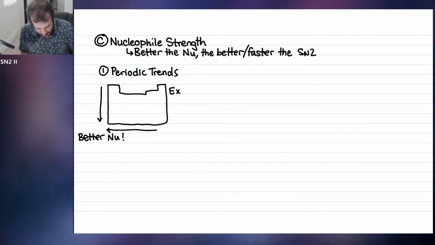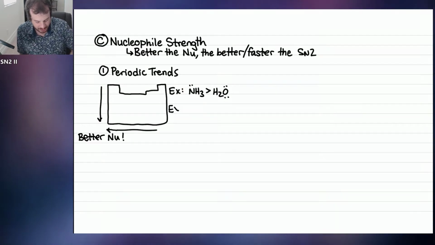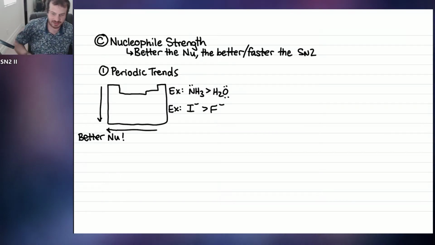For example, NH3 is a better nucleophile than H2O because nitrogen is more to the left than oxygen, and left is better. Similarly, iodine is a better nucleophile than fluoride because iodine is lower on the periodic table than fluoride.